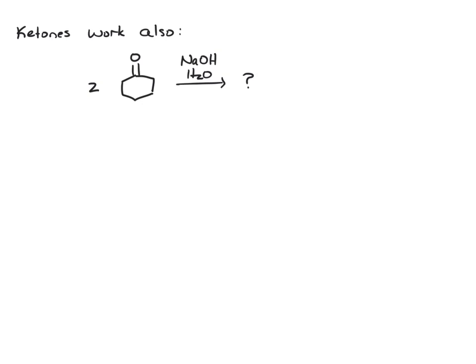Ketones can work just as well as aldehydes in this reaction. So here's a case where we have two molecules of cyclohexanone. And we're not going to go through the entire mechanism for this, but the way you can think through this if you're trying to predict the product, draw the enolate of one of the ketones.